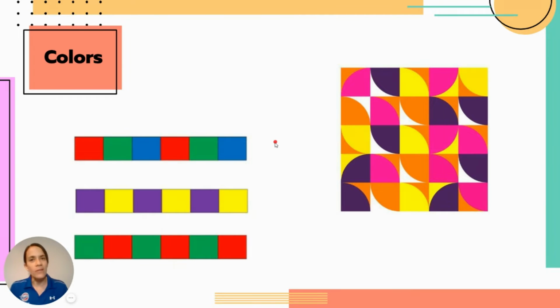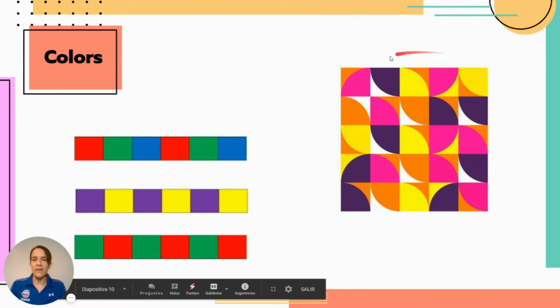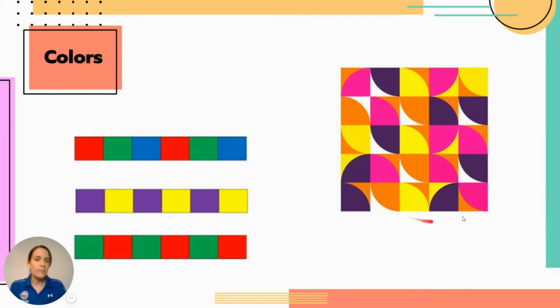When we refer to color, well, we know that there's a color one after another, right? For example, red, green, blue. Red, green, blue. Those are the most common patterns. But if you look at a tablecloth or a fabric and you find this type of pattern, well, it's also a color pattern.